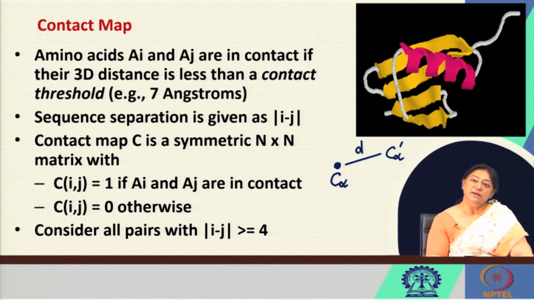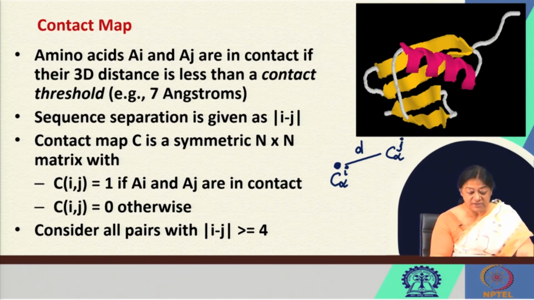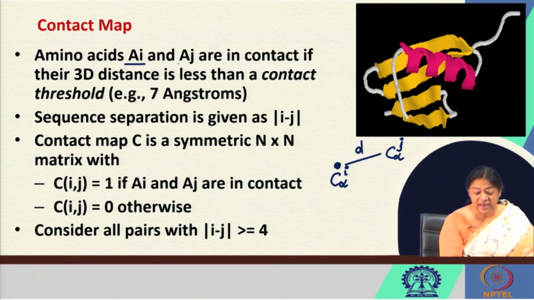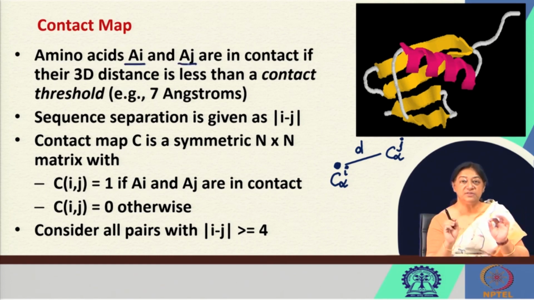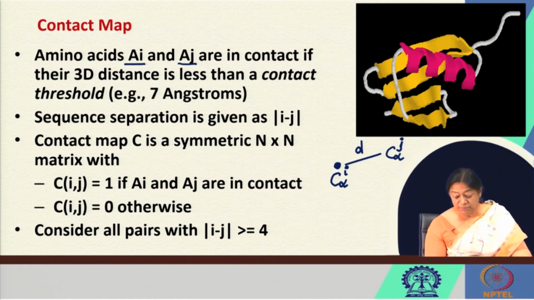So, the idea in the construction of the contact map is to take all C alpha of i, connect them to all C alpha of j, and find the distances. So we have A_i and A_j, two different amino acids that are in contact if their 3D distance is less than a contact threshold. So, what would that mean?